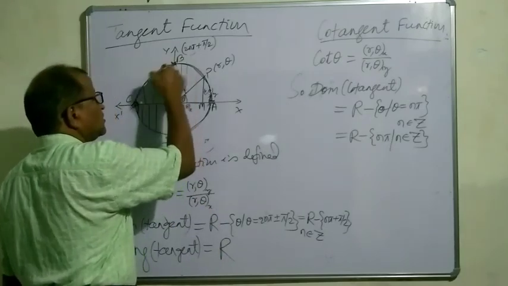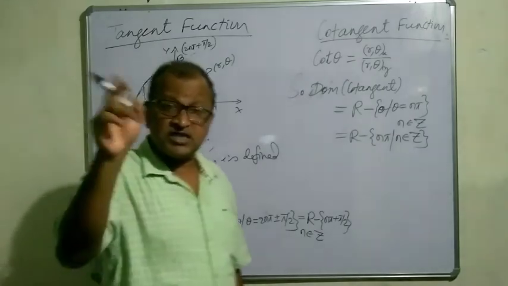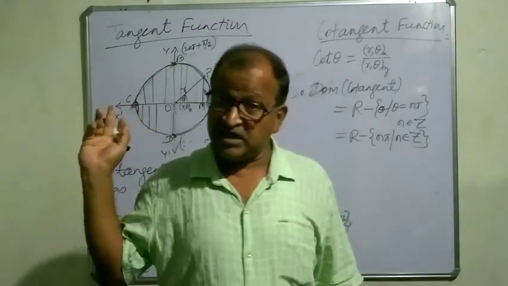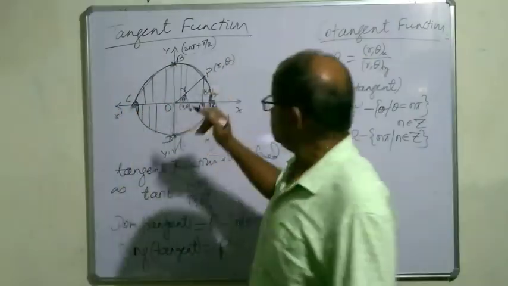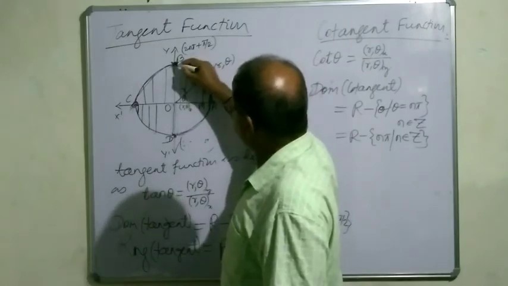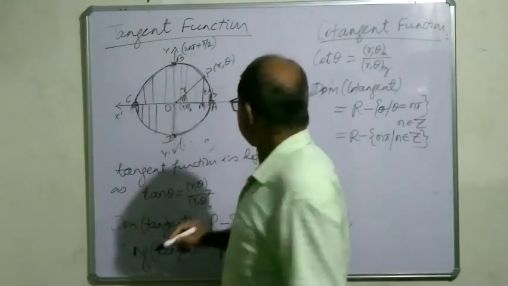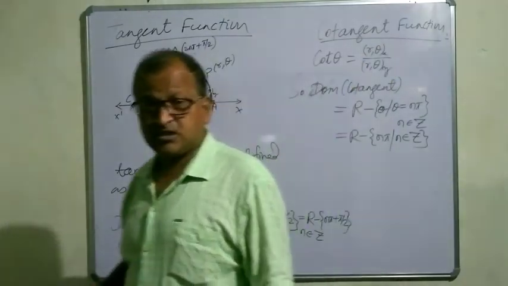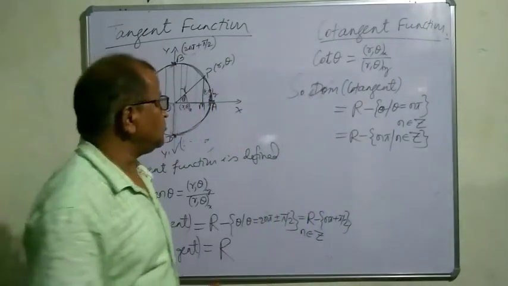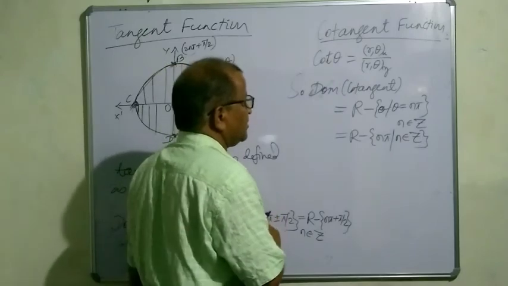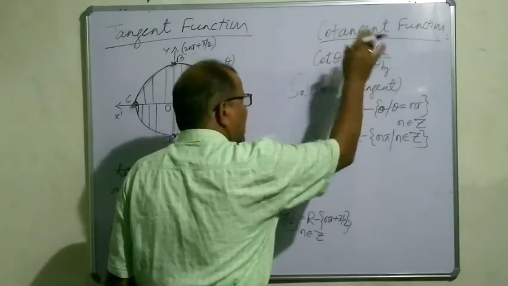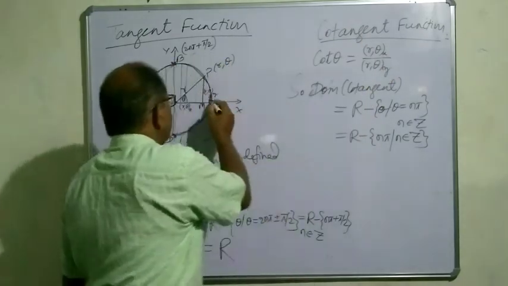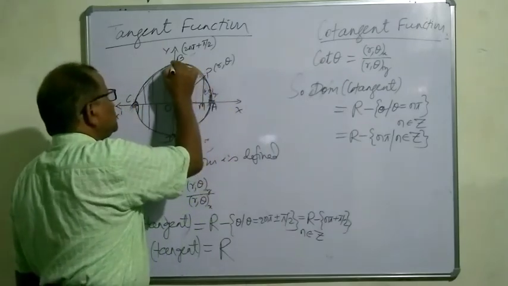The x coordinate of the point is 0 because that is a point on the y axis. So r theta x, the numerator of the ratio, is 0, so the value will be 0 there, and r theta y is near to r. So from infinity it decreases to 0.